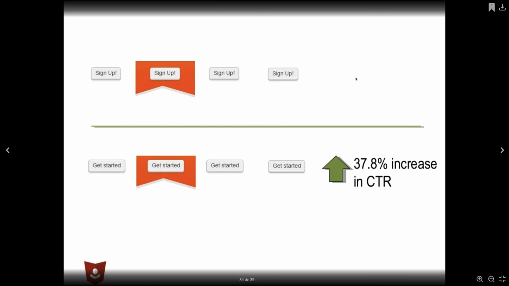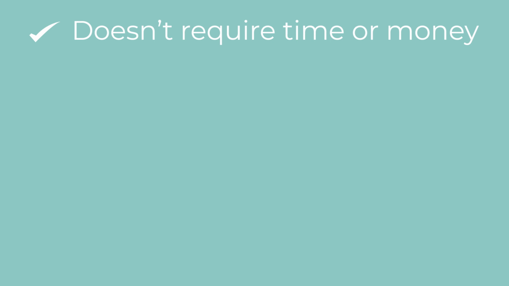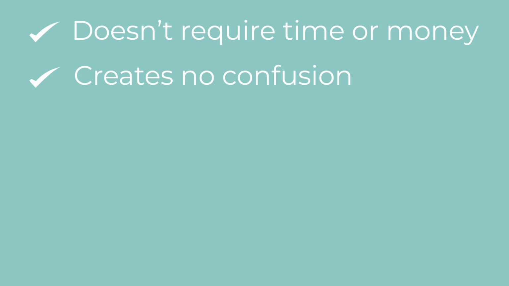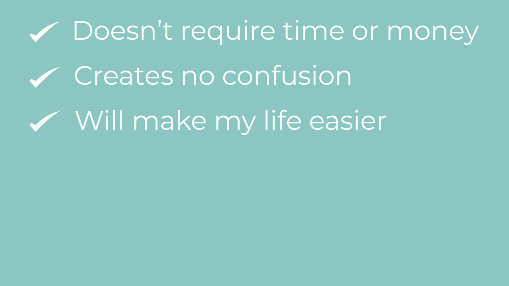So keep those things in mind when you're working on these buttons that are so critical. To neutralize your prospect's anxiety so that they take action, use this checklist. Does this button make me think about spending or losing money or time? If so, should it? Is it clear what happens immediately after clicking? Is there any doubt or confusion? Is this button going to land me on the right place for me?